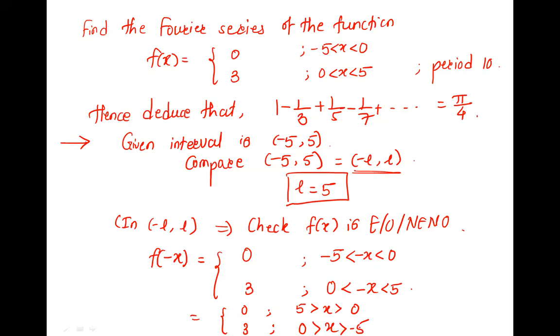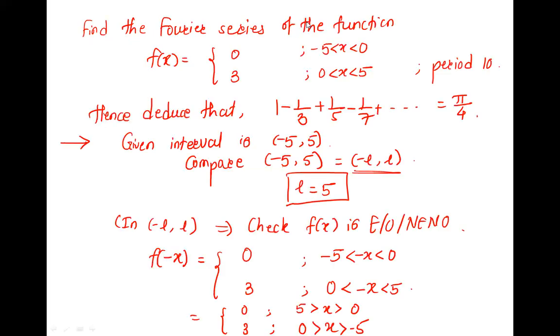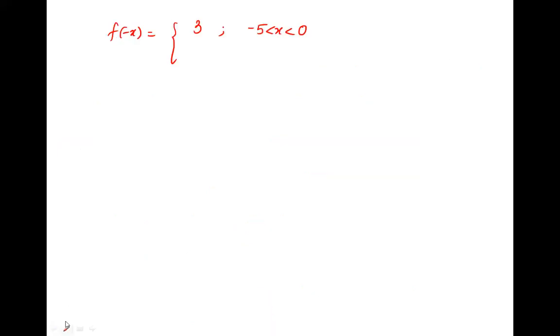But according to this interval, the value of the function is 3. So f of minus x is 3 in minus 5 to 0, and 0 in 0 to 5. Can you check? Is it like f of x?